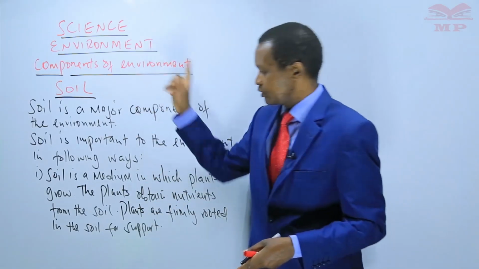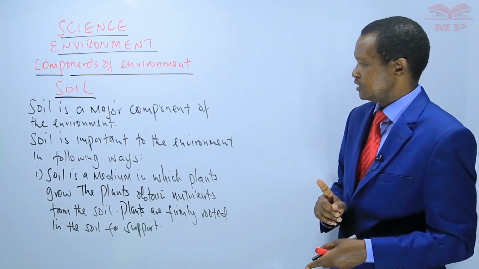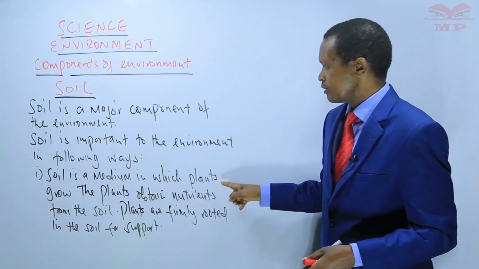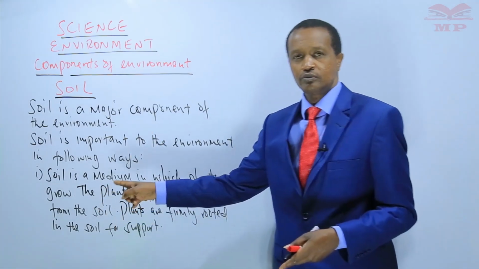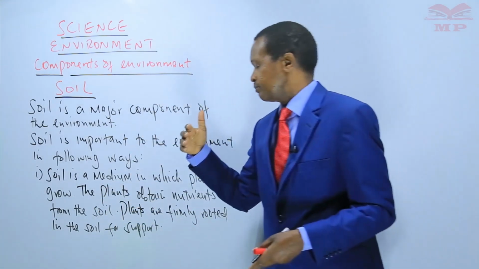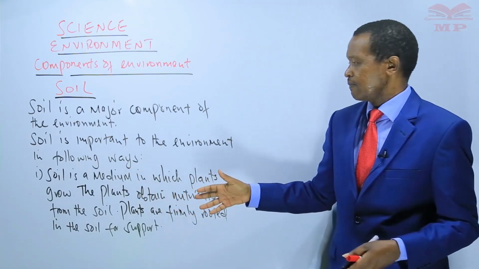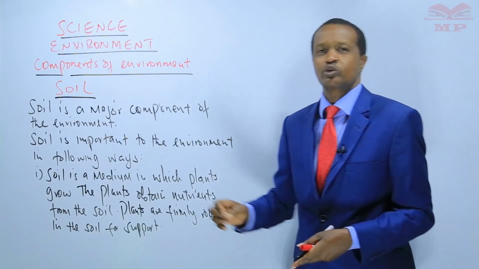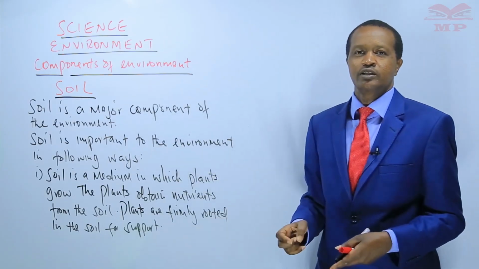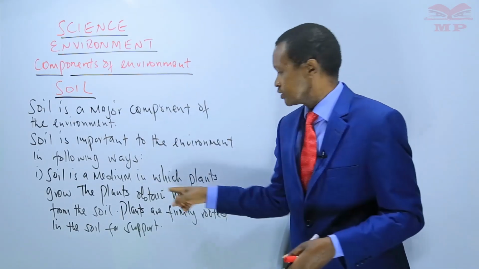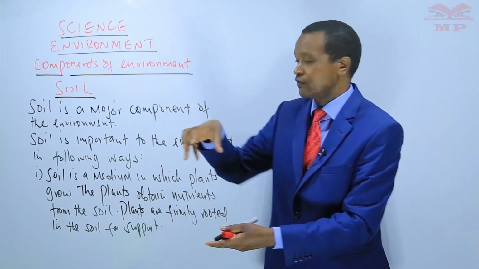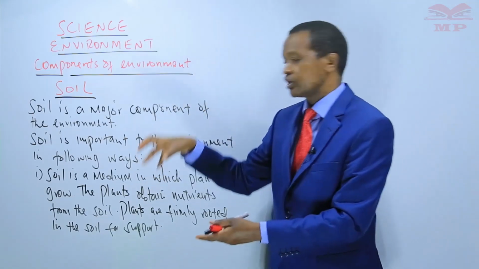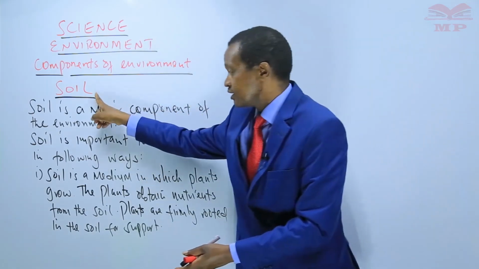So soil is very important because I've said, learners, number one, it is a medium in which plants grow. You cannot grow plants in, say, sugar or salt, or flour. You cannot plant crops in flour. The reason being, the nutrients that plants require to grow are in the soil.